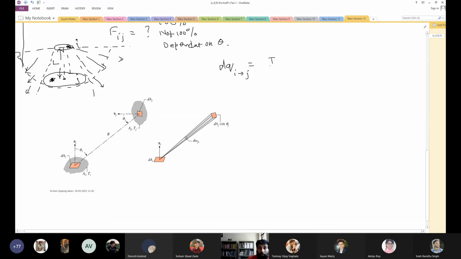The intensity is I_E plus I_R, because there will be emitted as well as reflected. What is this quantity called, emitted and reflected together? Radiosity. Okay, so the radiosity of the ith surface.